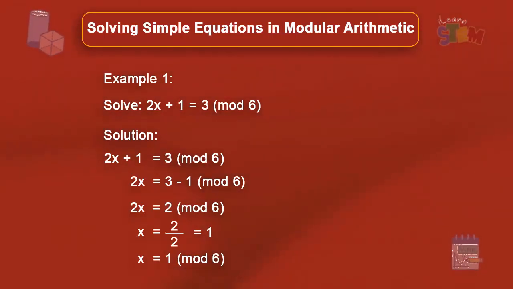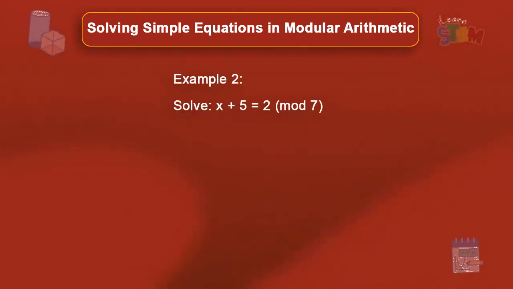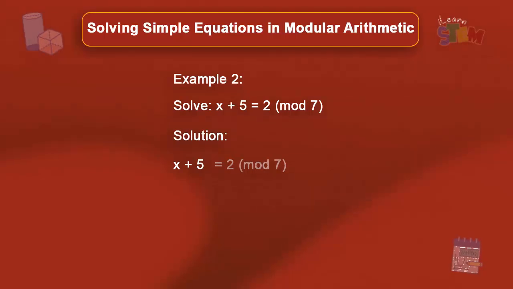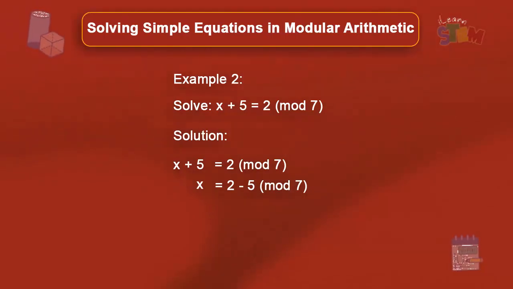Let us solve another one. Solve x + 5 = 2 in mod 7. Solution. x + 5 = 2 mod 7. x = 2 - 5 mod 7. 2 - 5 gives us -3. So, x = -3 mod 7.